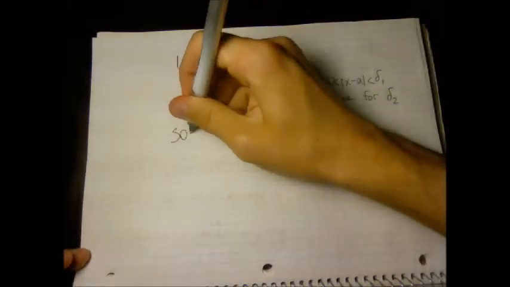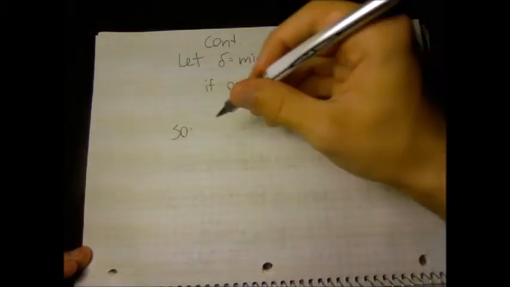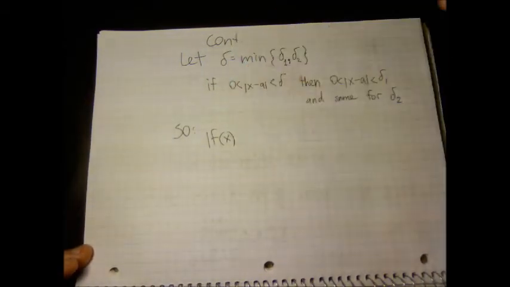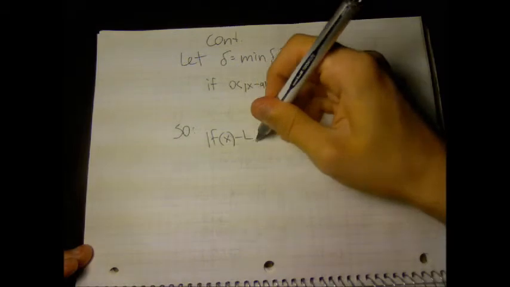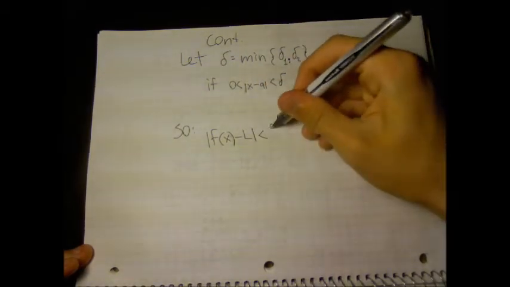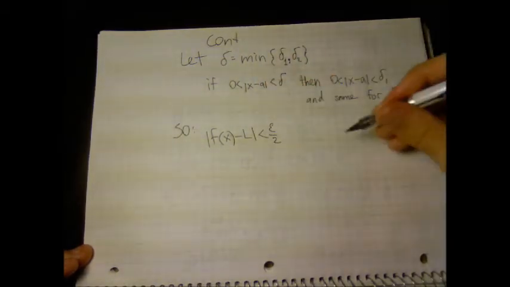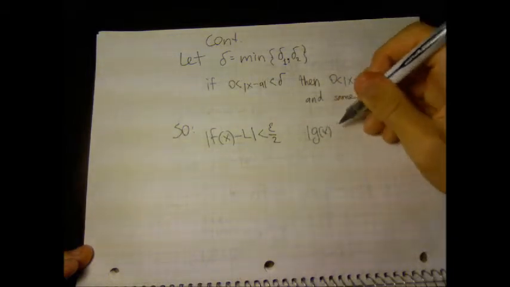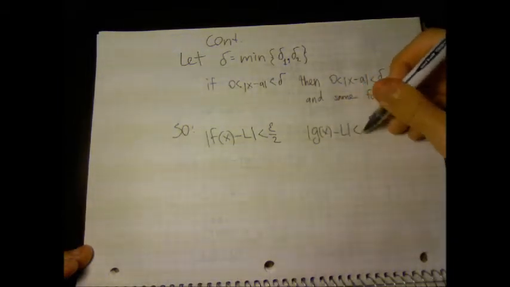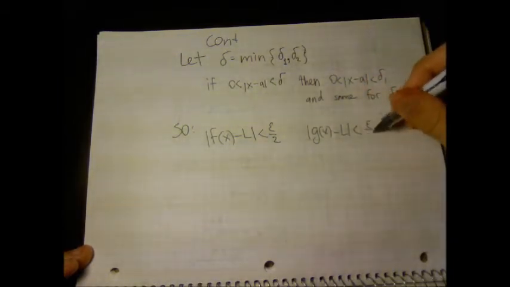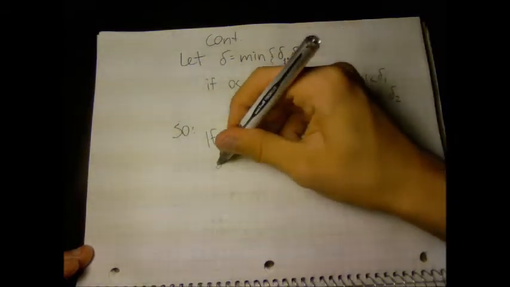From here we can see that those are exactly the same conditions as they were outlined in the previous two subproofs, and this leads us to the statement that the absolute value of f of x minus L is less than epsilon over 2, which was the second part of those proofs.